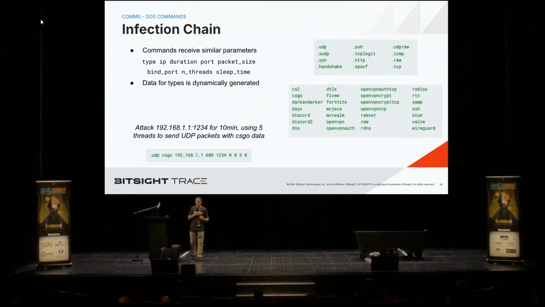This can be one of 28 different types of packets, which you can see on the bottom right side. Then you have the IP, the duration, port, and packet size. The packet size is only relevant if the type is raw, because the other packets already have a defined size.